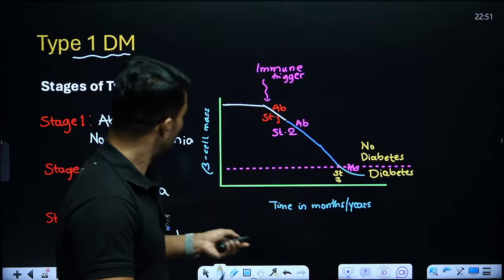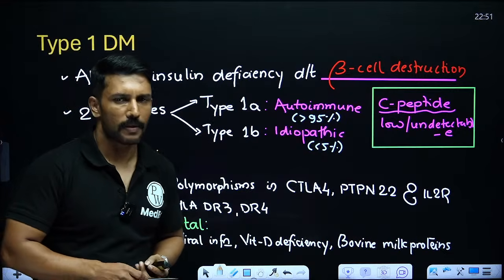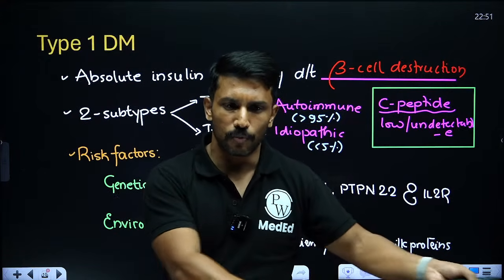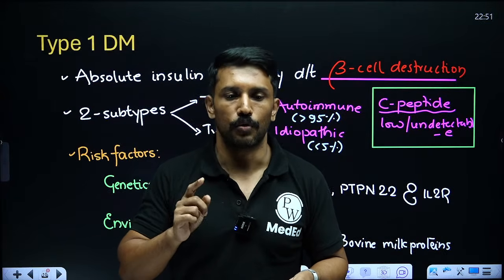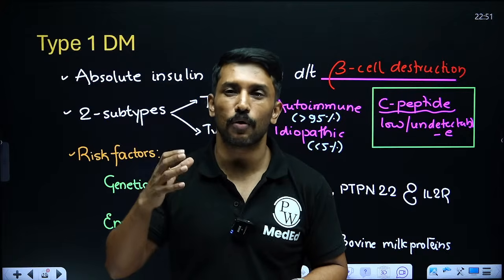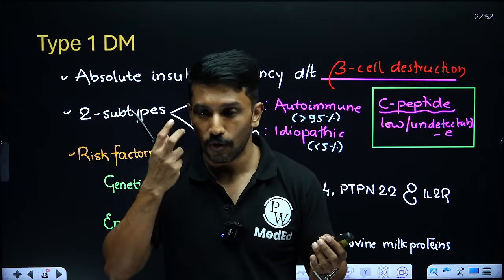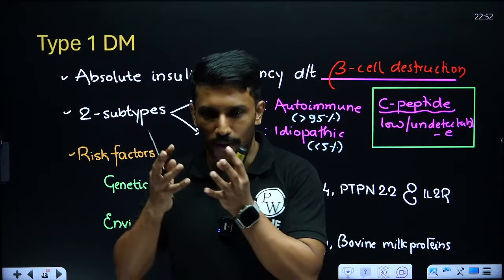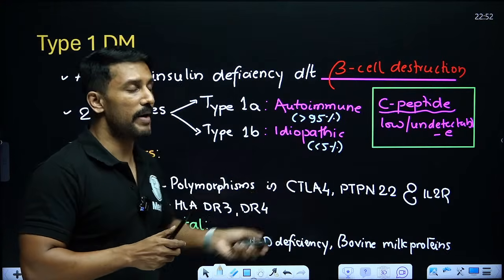Two reasons. One, there is absolute insulin deficiency. Now you may create mechanisms for this patient to excrete more glucose or decrease glucose absorption, but I have already told you, insulin is essential for the cells to utilize glucose. So if there is no insulin, cells will not be able to utilize the glucose. So for my cells to use the glucose, I need some amount of insulin. So these patients need to be managed with insulin.